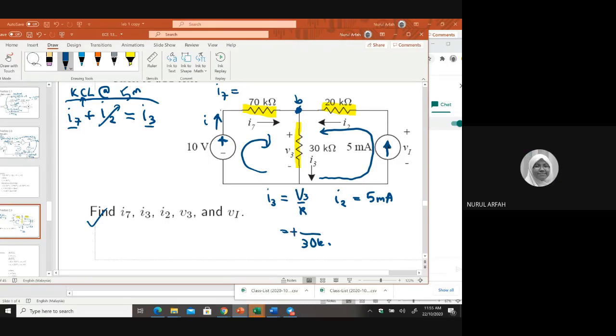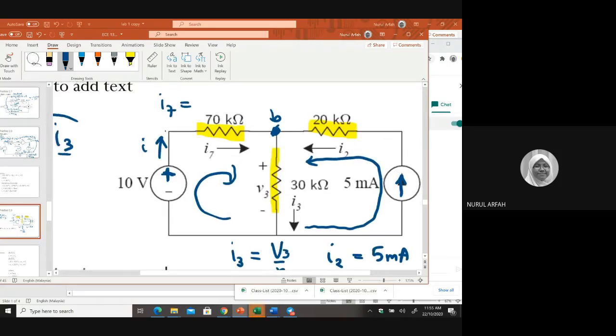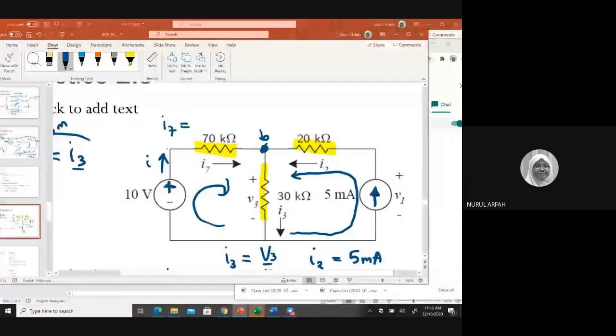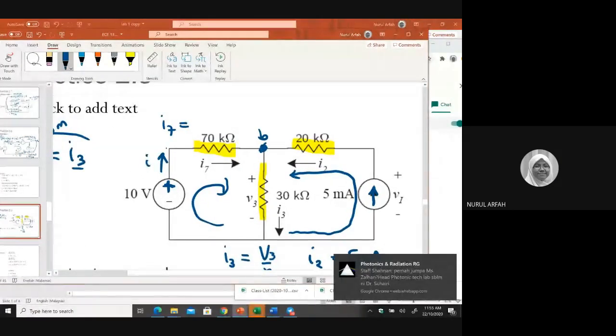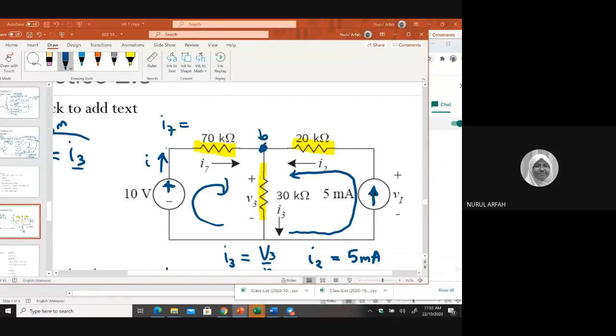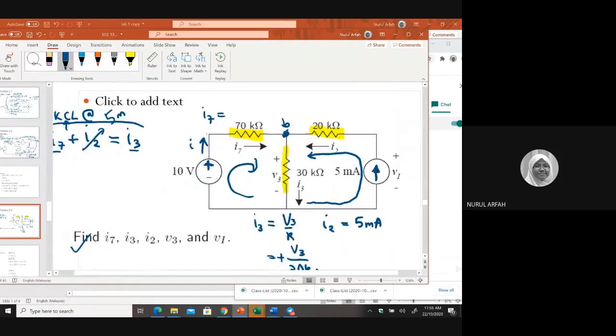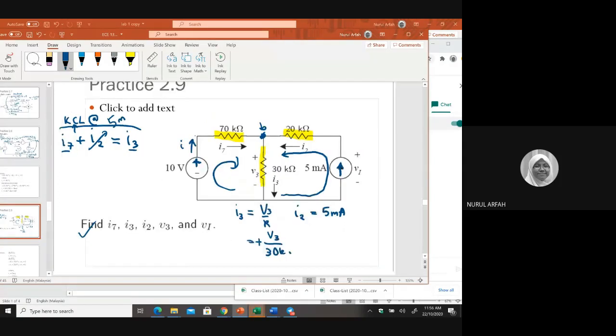Positive. What about V3? V3, yes, you can just put it because it is unknown. What about I7? 10 over 70. How do you know 10? Oh, wait. This one will make your life confused, I think. Maybe this one we just ignore first because later it will be confusing.